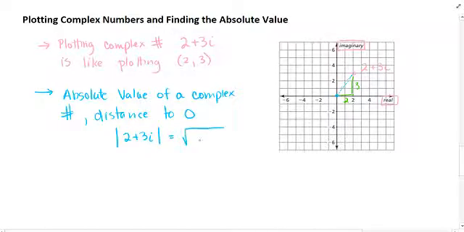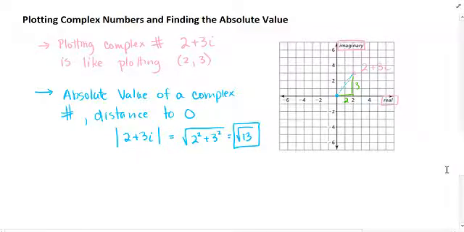So this is the square root of 4 plus 9, or 13. Okay. So, in general, you're plotting an ordered pair for your a plus bi, and then you're just using the Pythagorean theorem to find your absolute value.